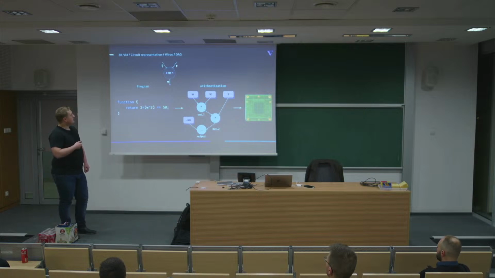So when we compile this program, this is not the correct arrow, but I'll remove that later, we take the program and we compile it to something like that, which combines those values using multiplication, then combines those values using multiplication, and then those values using addition. So we combine, compute, and then verify at the end. And this is kind of similar in a way to how processors look.